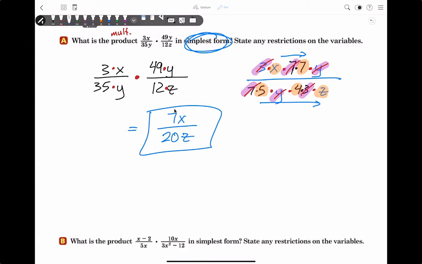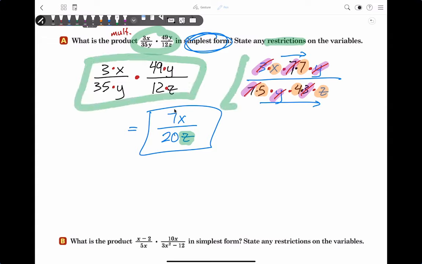And we want to state restrictions. Again, restrictions are only when the denominator is equal to 0. But please do not just go off of the answer. Go off of the most factored form of the original problem. The most factored form of the original problem could be either here or here.